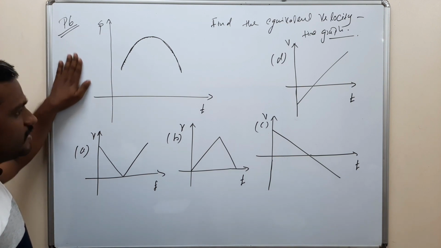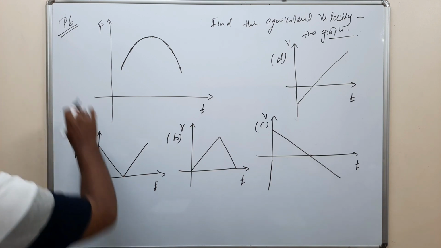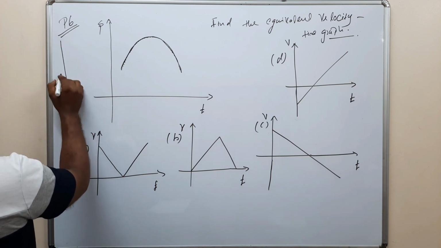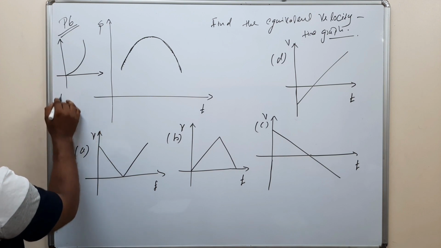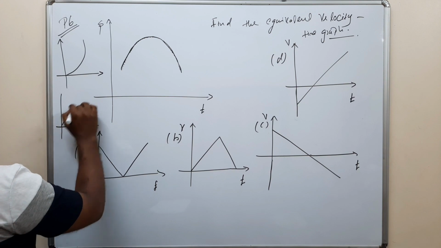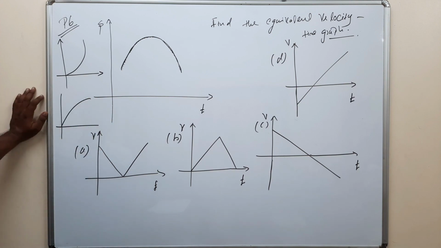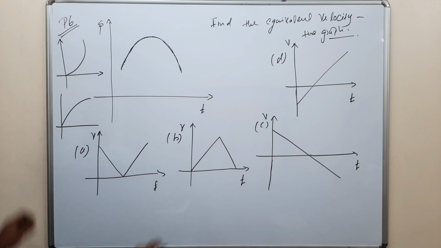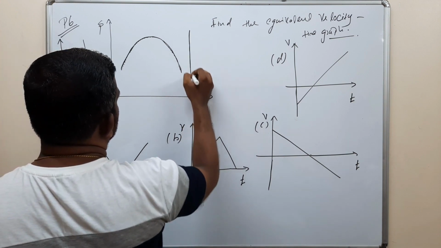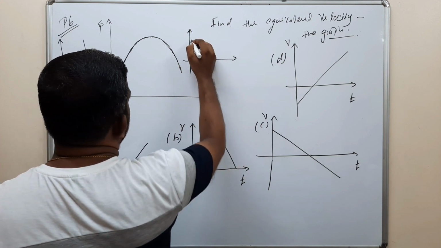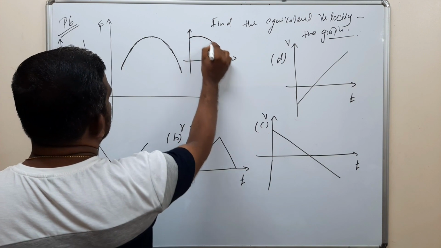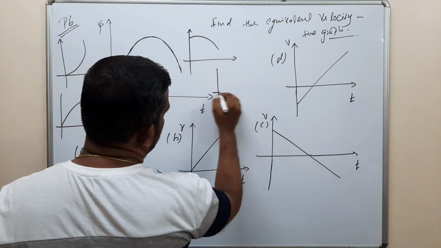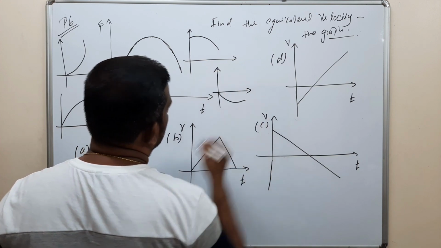When we discussed the theory, we saw that there are 4 types of graph.